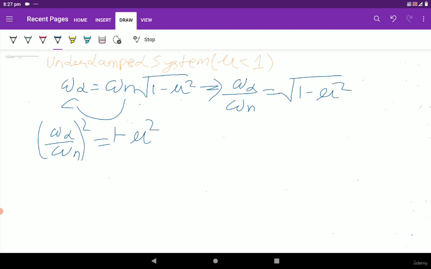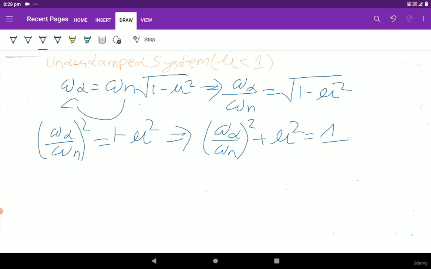After further simplifying, we get omega d by omega n square plus damping factor square equal to 1.